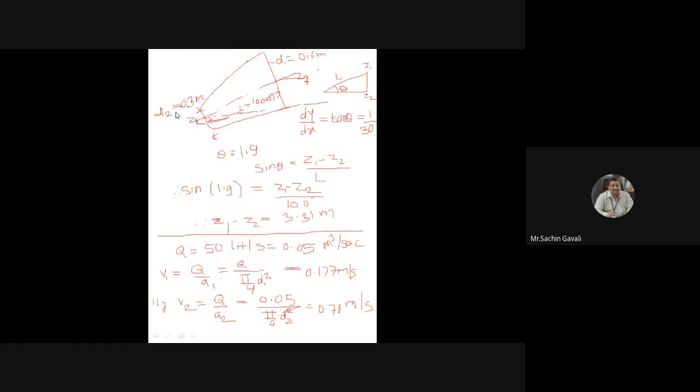Now P1 is given. Who will tell the P1 value? P1 is 19.62 into 10 raised to 4 Newton per meter square.